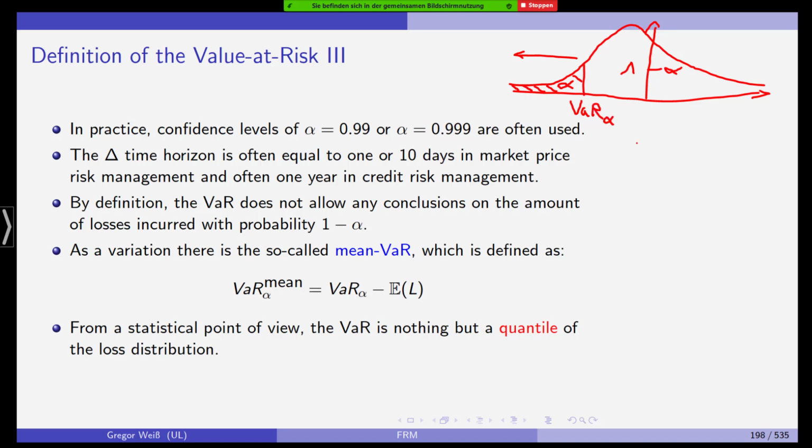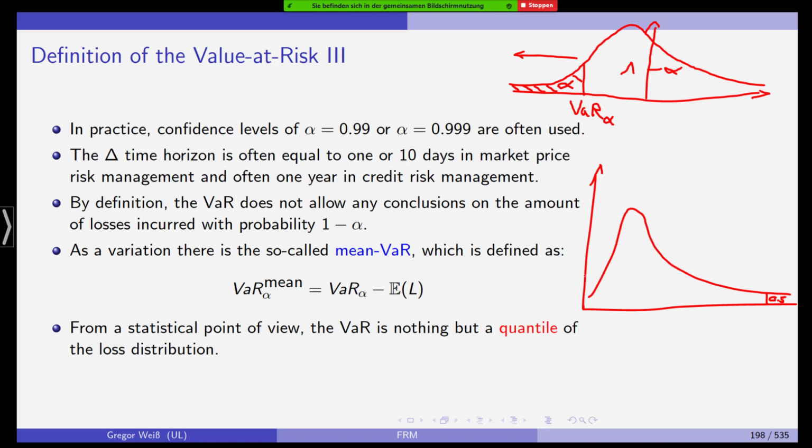So it's actually a fancy name for a standard statistical moment. It's just a quantile. The 50% valued risk would simply be the median. And now you can understand why you usually choose 1%, 0.5%, because if you have a loss distribution that looks like this, you're interested in those extreme losses where maybe you have 0.5% probability.